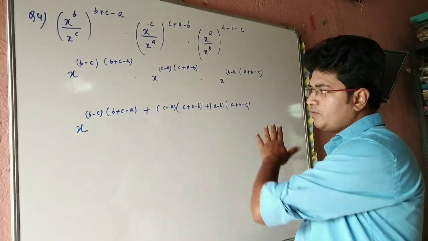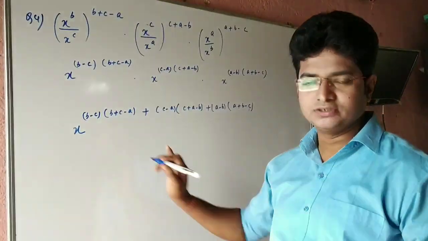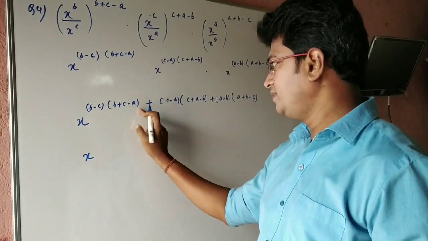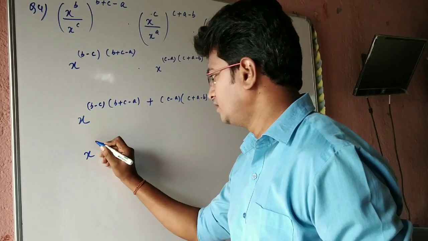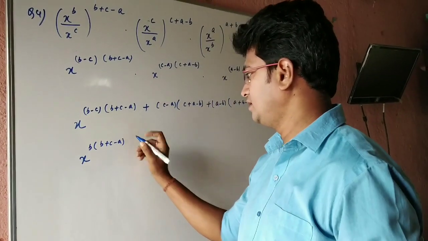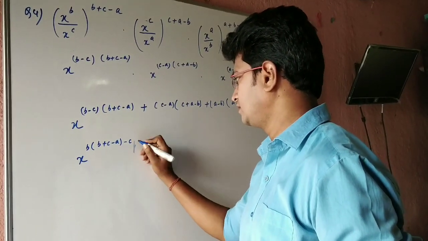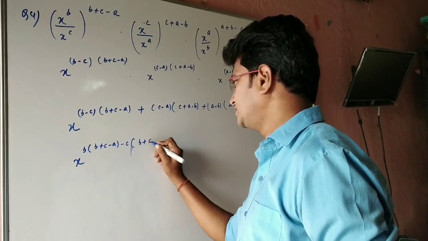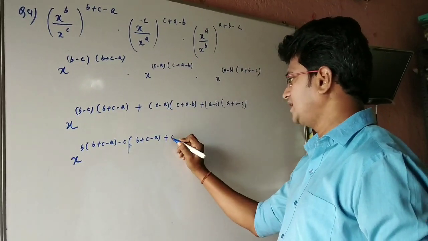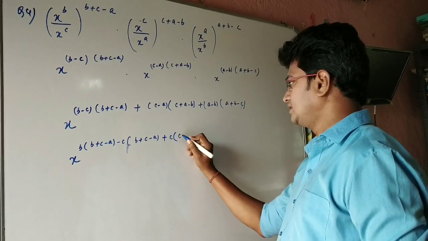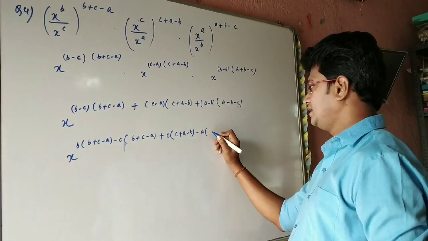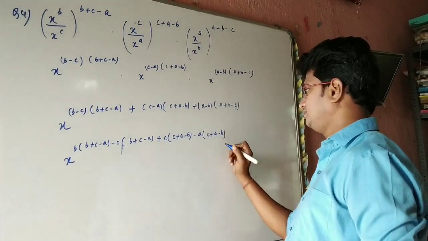Now we need to just expand, solve and reduce it, and we will get the answer. So b will get multiplied with all three terms: b plus c minus a. Then c will get multiplied with all the terms: c plus a minus b, and after that minus a, it is c plus a minus b.